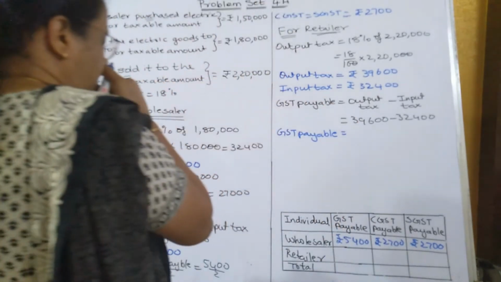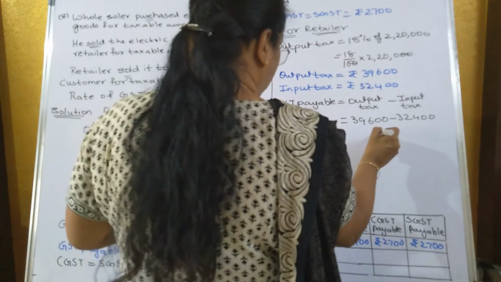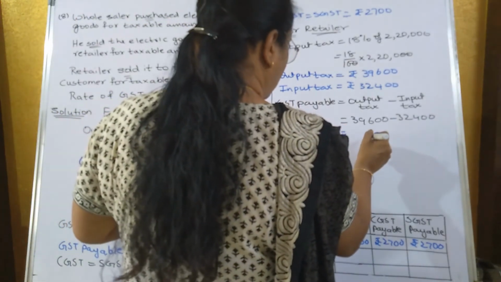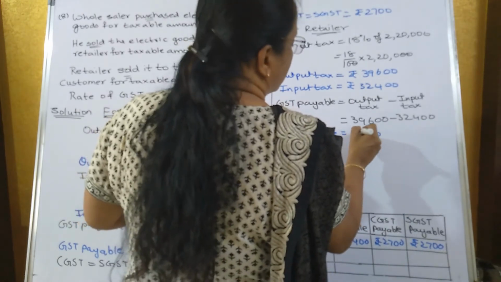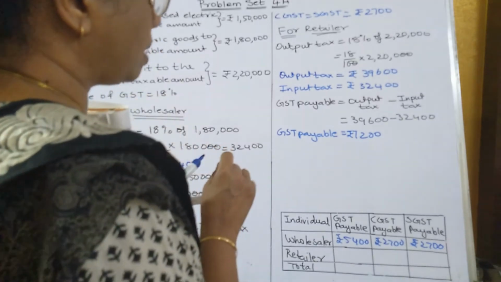So GST payable is equal to how much? 7,200.